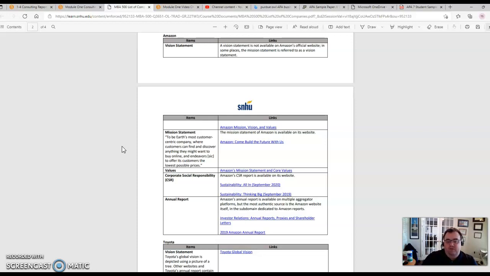Another business unit would be their logistics supply chain. Another would definitely be their Amazon Web Services. They also have movie theaters as well, right? So they also sell content. So these are all different business units within a company.